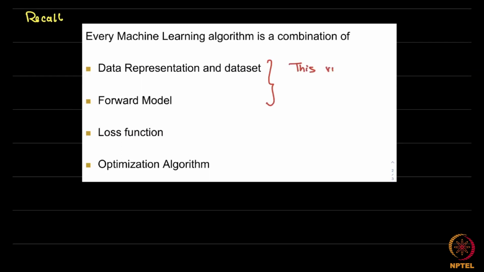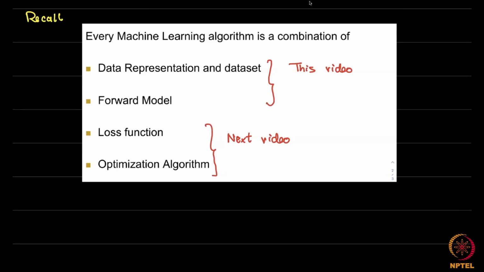So we'll simply be covering how we represent the data in case of classification problems, and what the forward model is. The loss function and the optimization algorithm we'll be covering in the next video, and then I'll summarize the net situation. We'll do the same thing for our categorical or multi-class case as well.